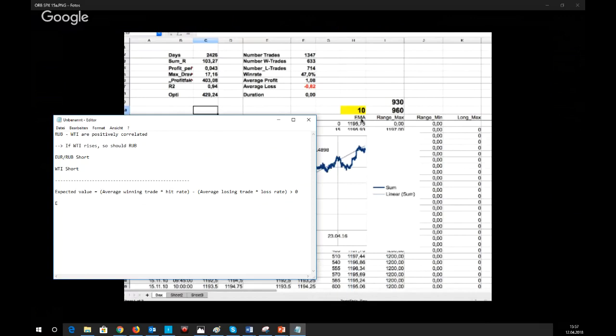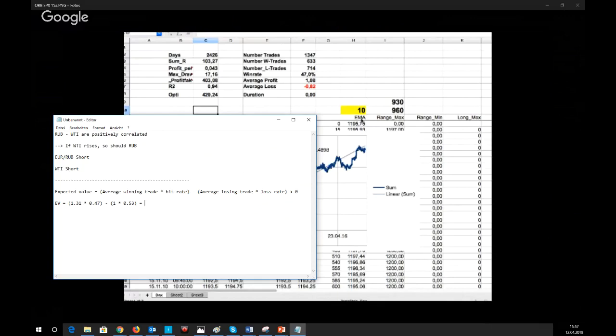And if you put in these numbers, let's shorten expected value to EV, then we multiply 1.31 with 0.47. So this is the hit rate. And then we subtract 1 multiplied with 0.3.